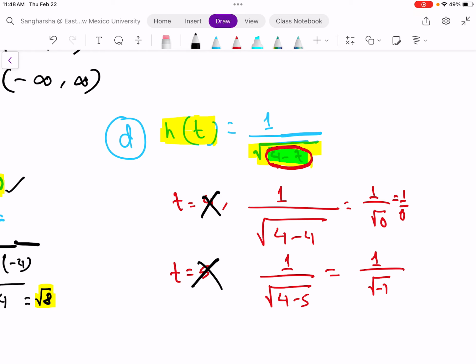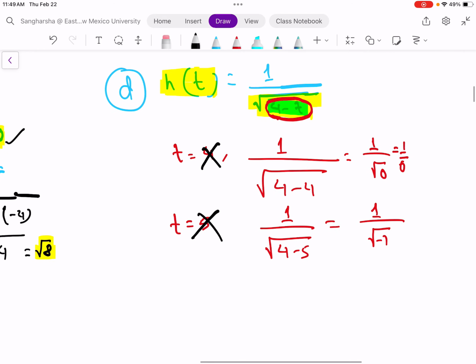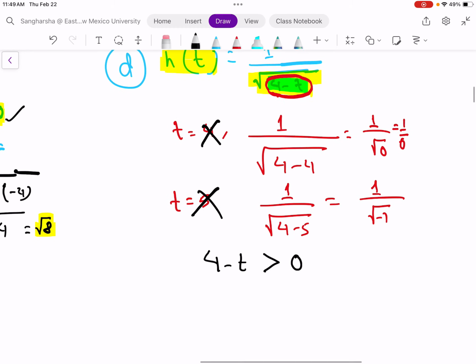It has to be a number less than 4, right? Or, what you can do is this: we have 4 minus t under the radical sign. Whatever is under the radical sign has to be greater than 0. It can't be equal to 0, because then we get undefined. So it has to be strictly greater than 0.